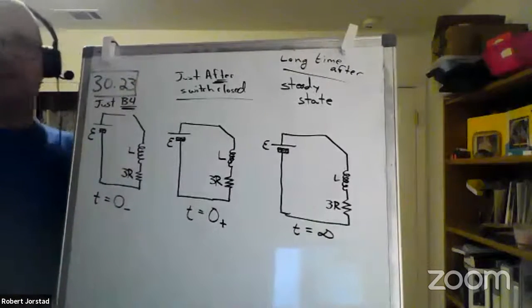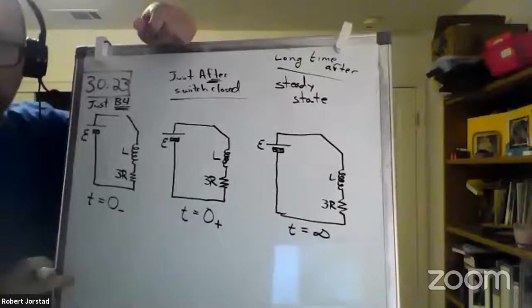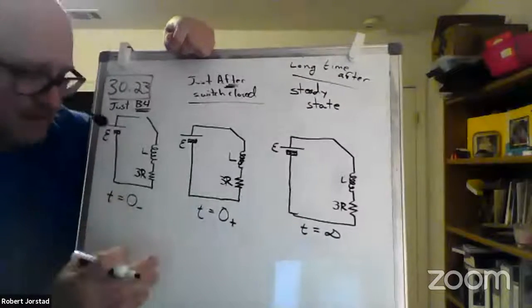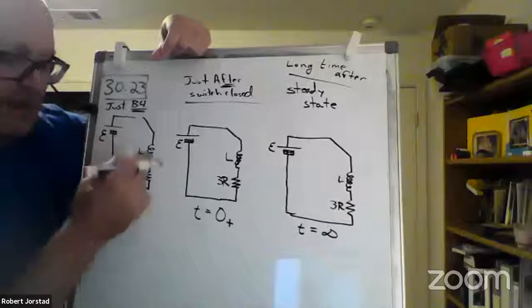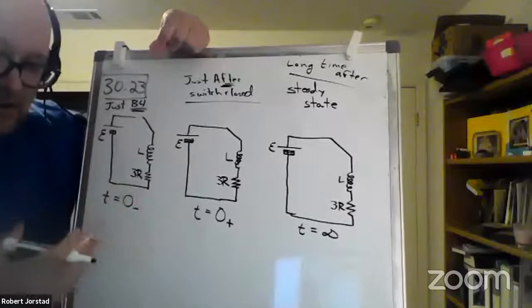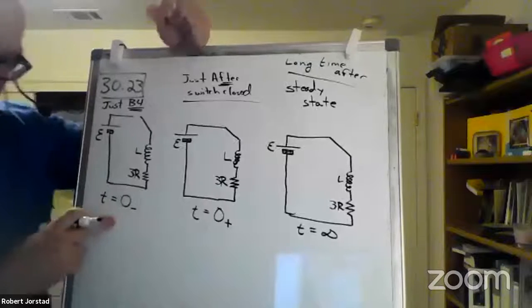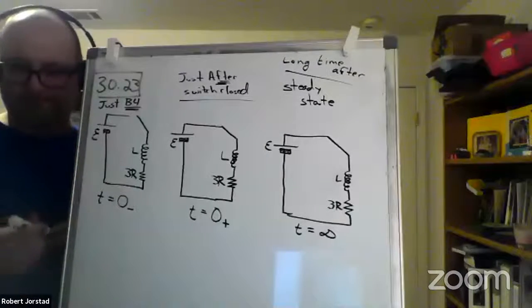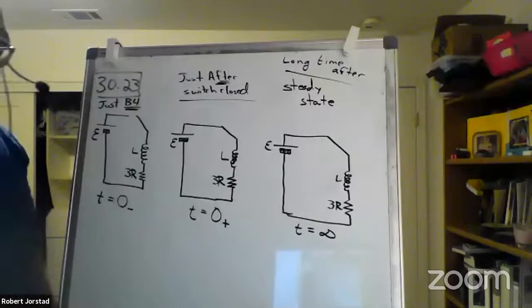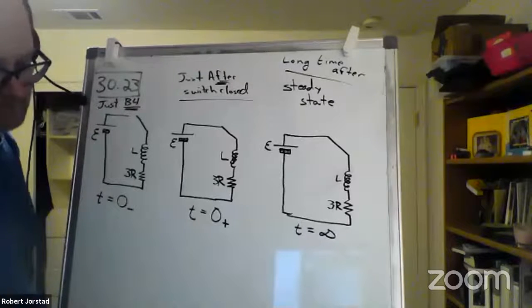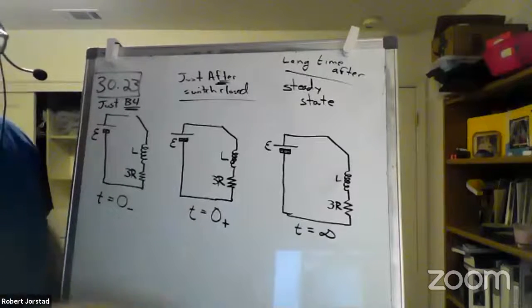All right. Now, what piece of information? We're doing an RL transient. We have resistors and an inductor in here. What is the piece of information I need to get from the 0 minus picture? Do you remember? Initial current, exactly.